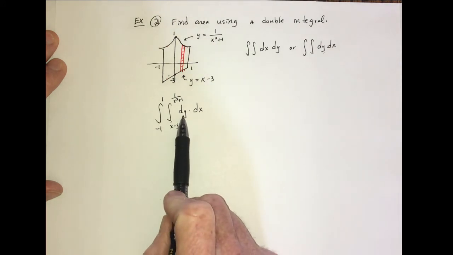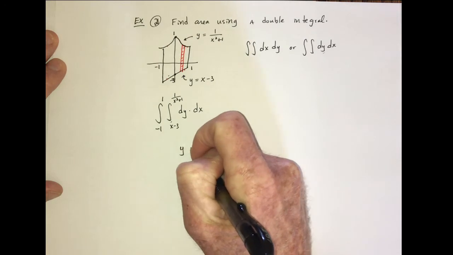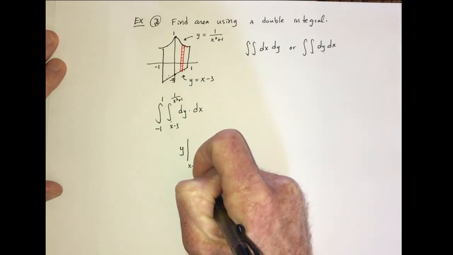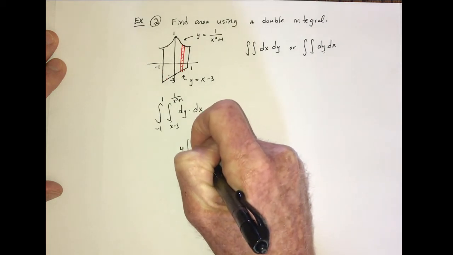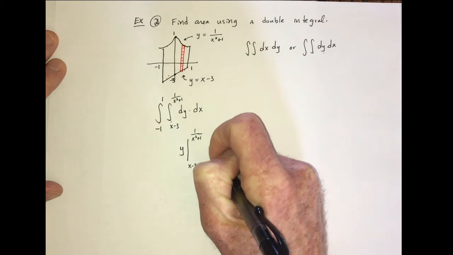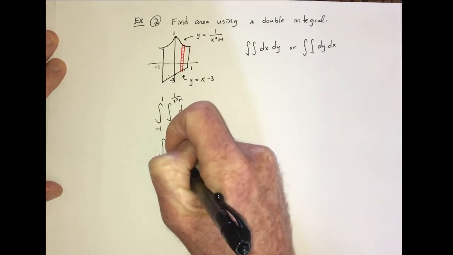So the antiderivative right here is just going to be a y that gets evaluated from x minus 3 at the bottom to 1 over x squared plus 1 on the top. And then later, we'll integrate with respect to x, going from -1 to 1.